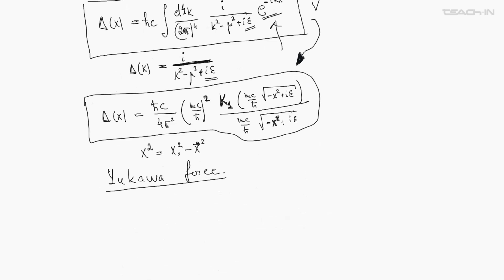As you see, by the way, this Feynman propagator appears not to be an arbitrary function of a space-time point, but a relativistic invariant function. You see, it depends on x squared, the relativistic invariant. So this formula is relativistic invariant.